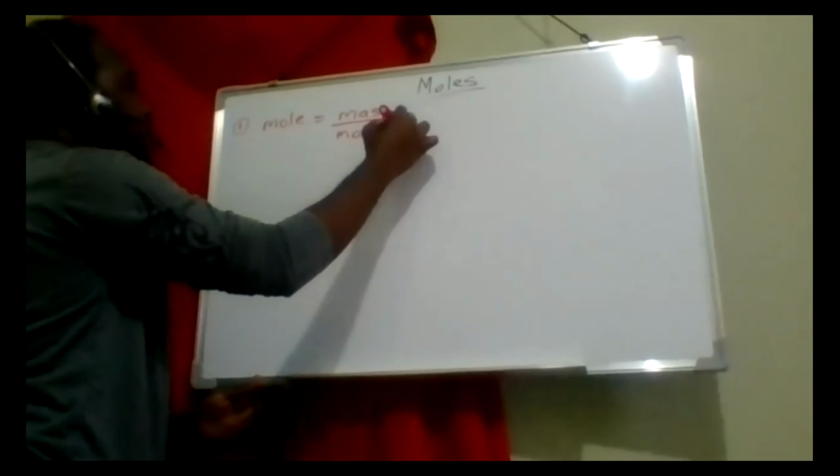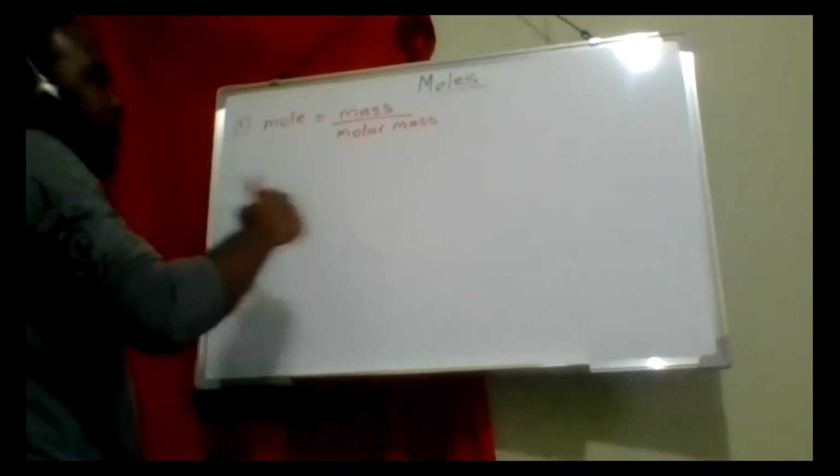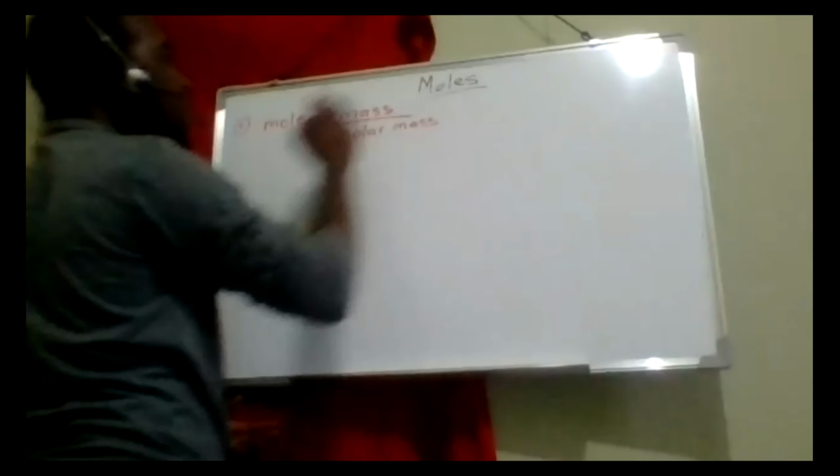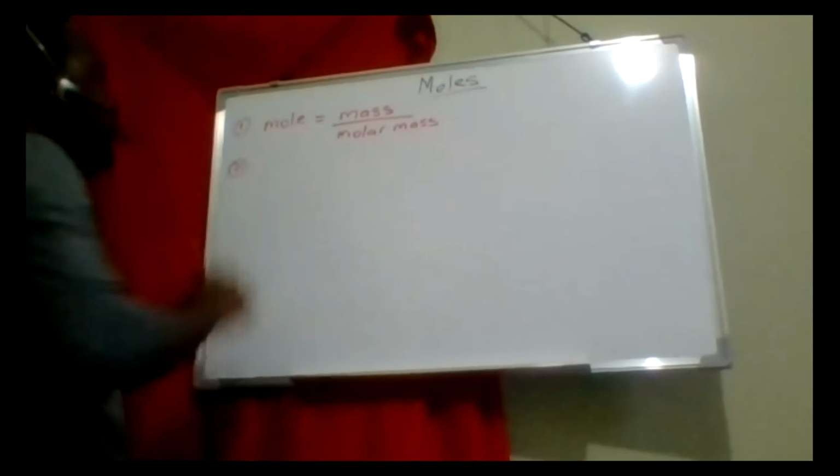So that's 1. Let's say we have, instead of mass, the amount of particles or the amount of molecules or the amount of atoms. How can we use those to find mole? Divided by Avogadro's number.